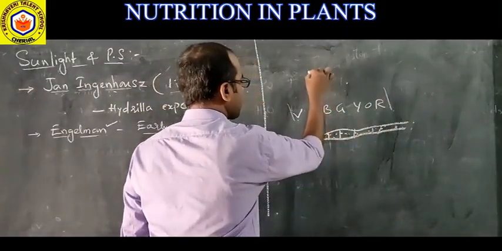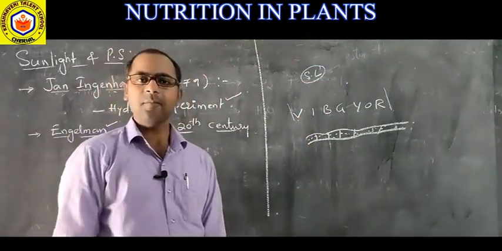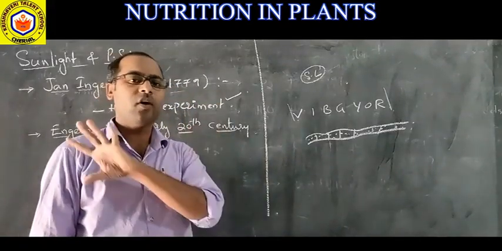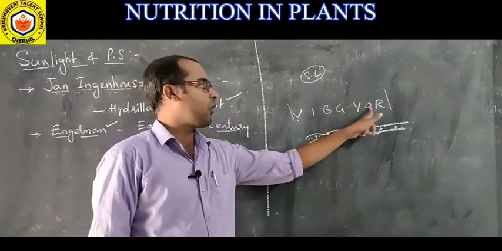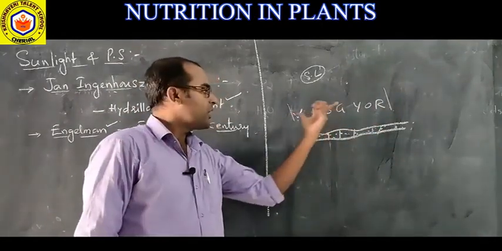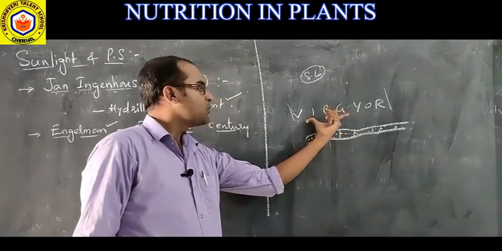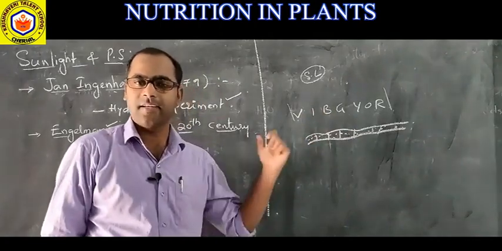It is sunlight. We already know that sunlight is not a single color. White light is the combination of all 7 colors: violet, indigo, blue, green, yellow, orange, red. So he exposed this algal strand to the different colors of light.